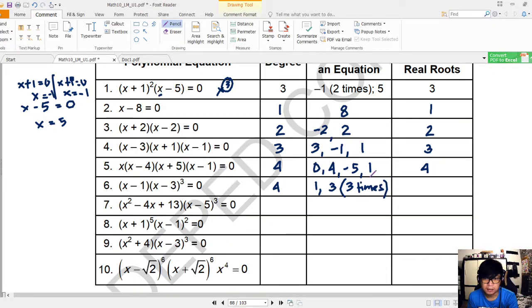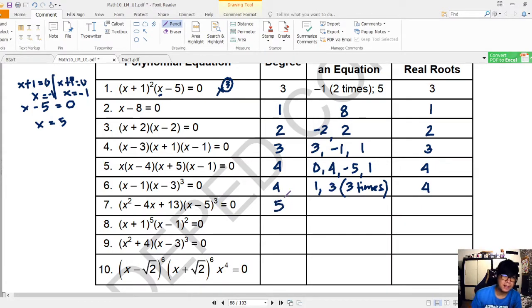Yan. So, ilan lahat ang number of real roots natin? So, 1, 2, 3, 4. For number 7, so this one, mangyayari dito is dalawa, tapos dito is tatlo. So, there are 5.